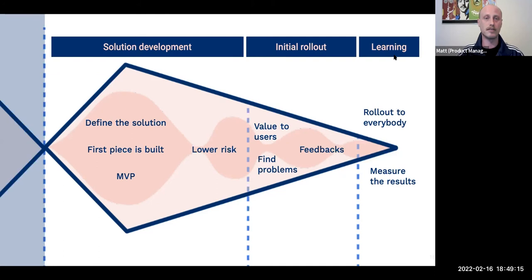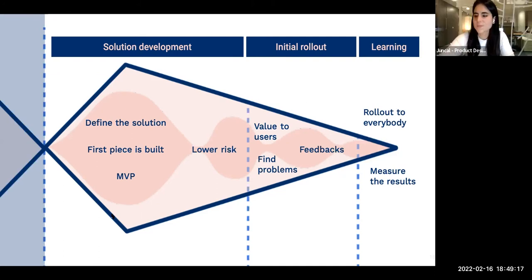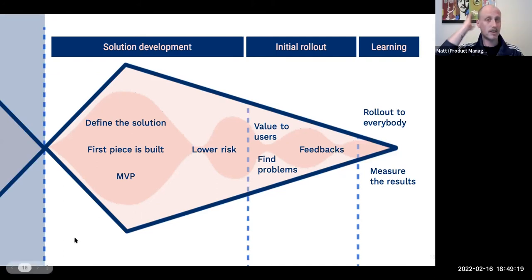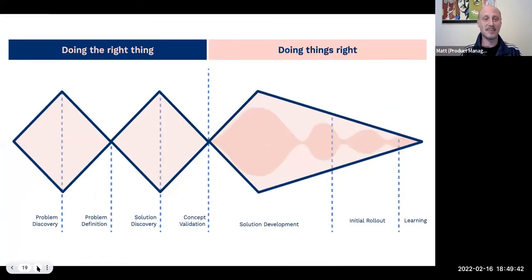And from this stage of learning, we can actually source the very beginning of the diamond, so the very first diamond, uncovering possibly new iterations or finding new patterns in the new reality that we just created with the solution. Or we may find out that everything was bad and, well, the risk is always there. So we may ship something wrong at the end, but this is always possible.